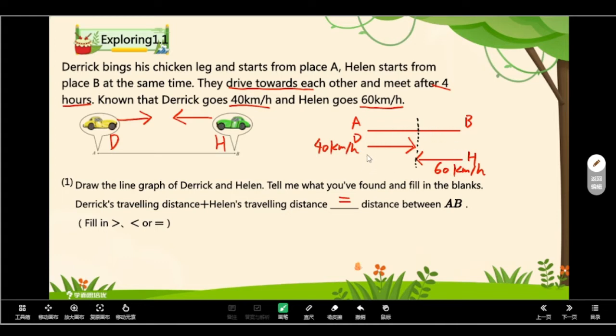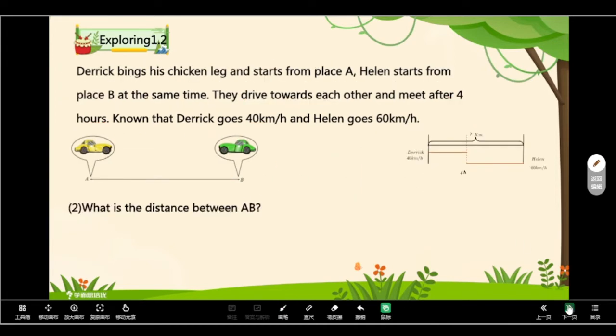If two persons face each other, walking towards each other, the sum of their walking distances, the distance of Derek and the distance of Helen, added together will be the distance between the two places A and B. Okay, so we need to remember this. So until this step, does the question sound easy? And let's continue with this easy question.